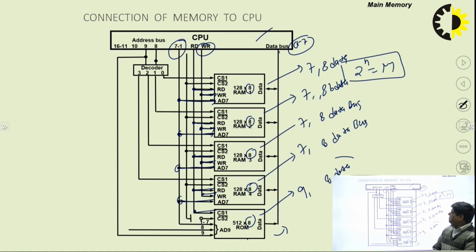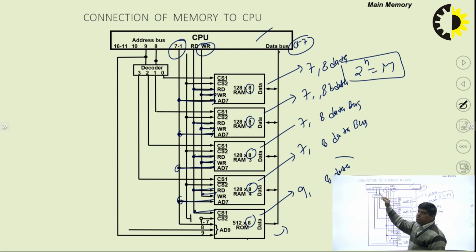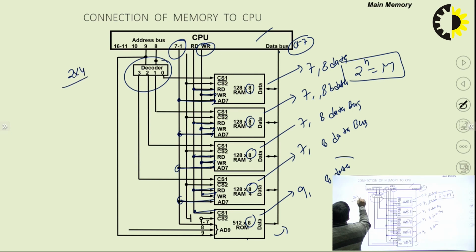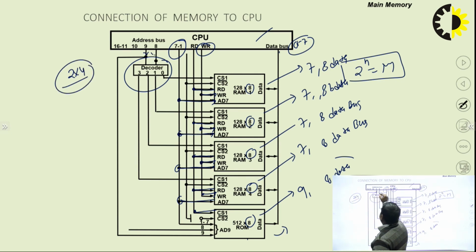Now the interfacing of the RAM chip is completed. Only the chip select 1 and chip select 2 functions are remaining. Then we take another 2 address lines of the CPU, and there are 4 chips available in the RAM. Then we include another hardware known as a decoder. The size of the decoder is 2 by 4, which takes 2 inputs and produces 4 outputs for the 4 different RAM chips.